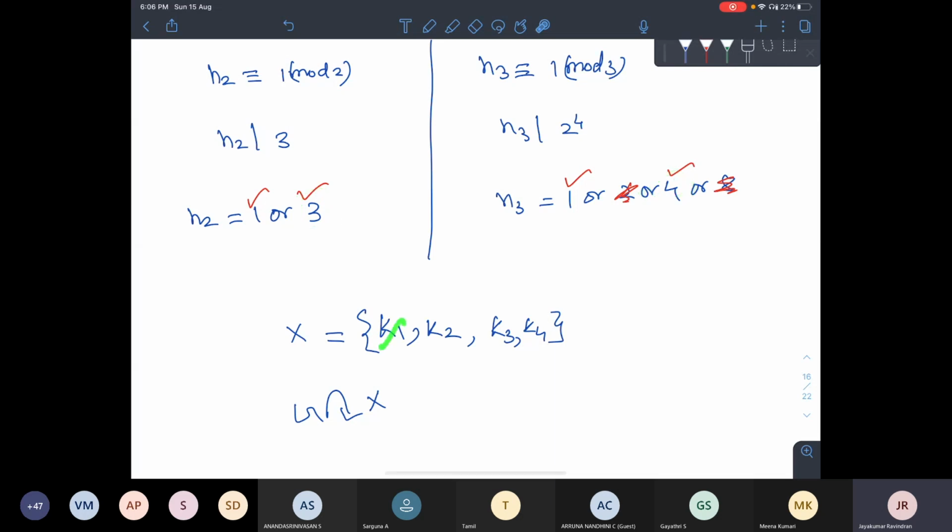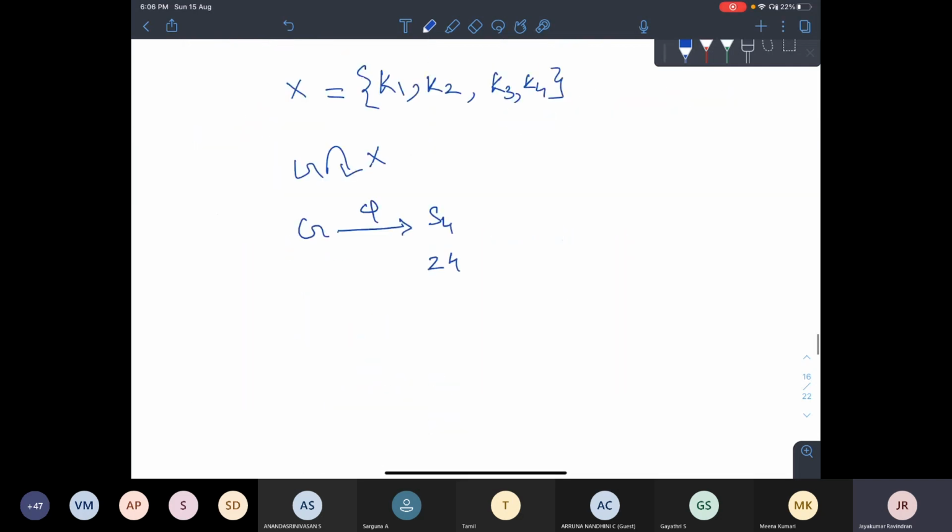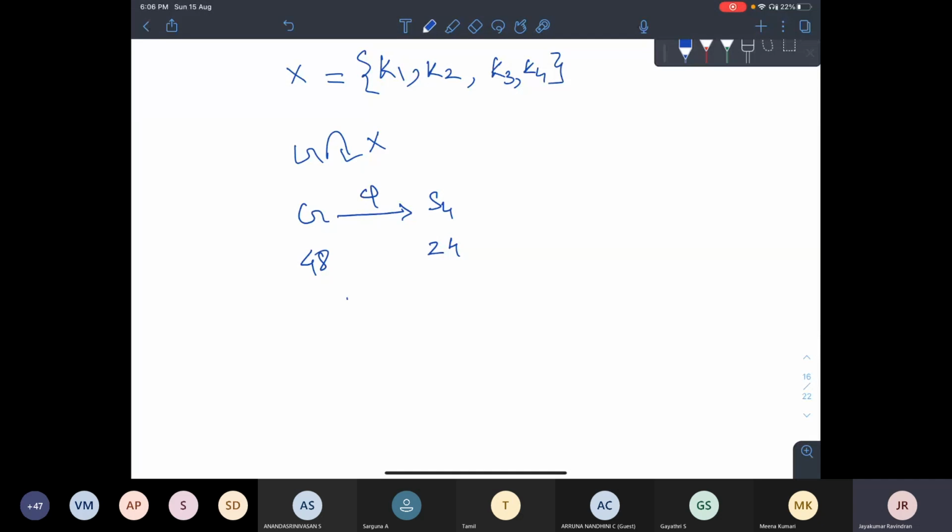I have four Sylow 3-subgroups K1, K2, K3, K4, and the group acts on them. That gives a group homomorphism from G to S4. Here the order is 24 and here it is 48, so it cannot be injective.